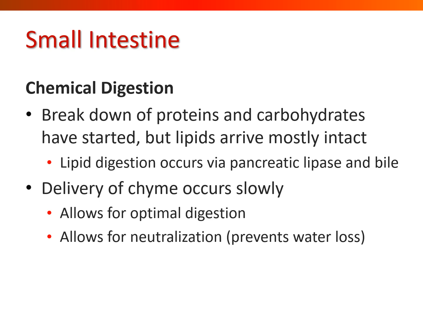Now, when we talk about the delivery of chyme from the stomach into the duodenum, it has to happen very slowly. And this happens slowly for optimal digestion and also to give the duodenum time to neutralize that very acidic chyme. All right, because what would happen, it says here prevents water loss.